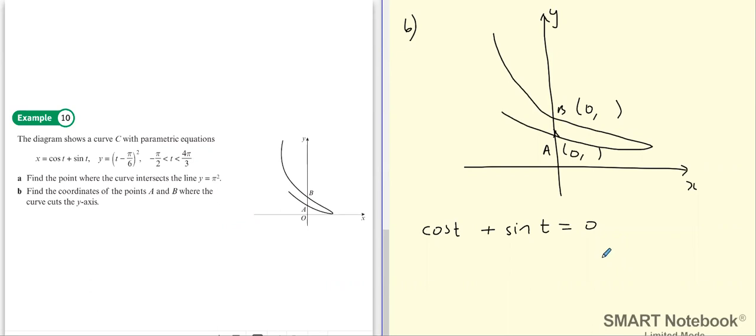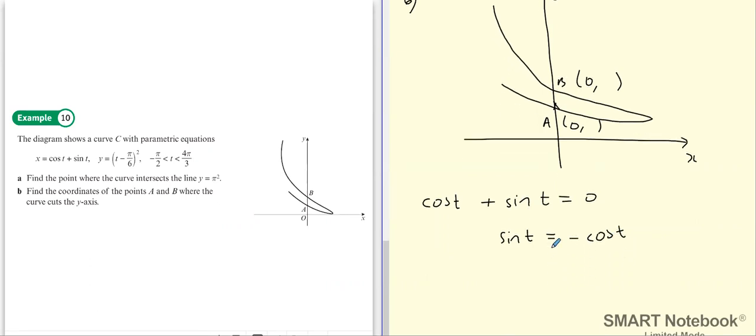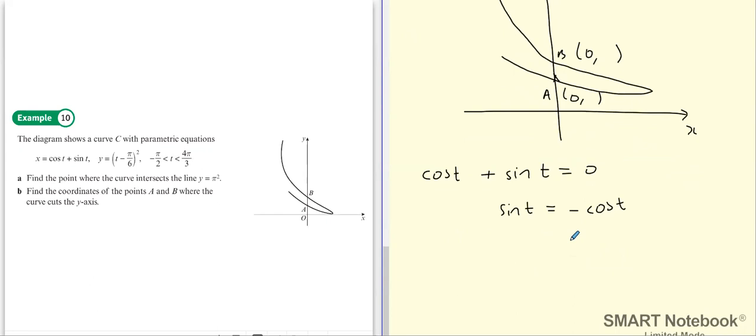Now, if x equals 0, then I can now solve this equation. Say sine t equals minus cos t. I'm going to solve this equation, please. First year trig.